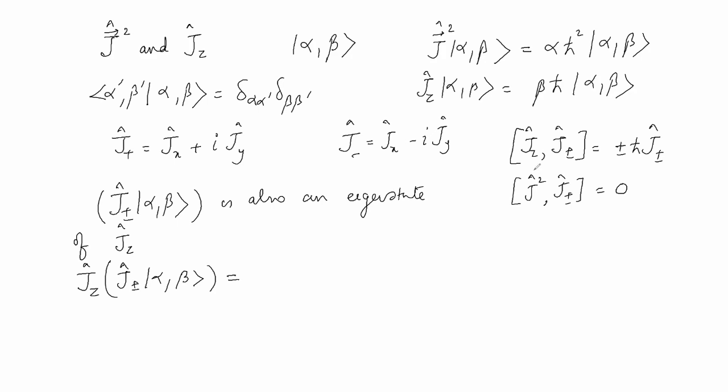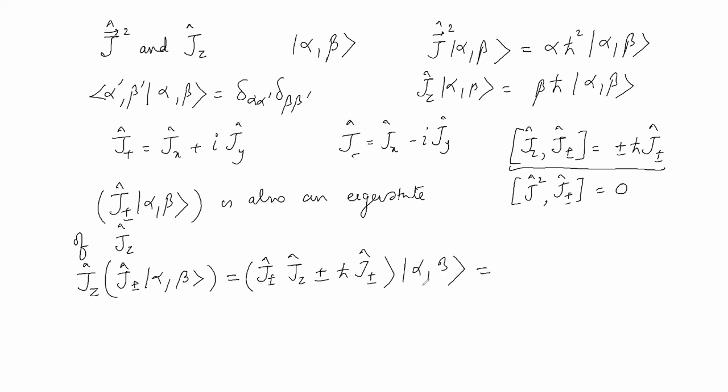Using the commutation relation, we can write this as J plus minus Jz plus minus h cross J plus minus acting on alpha beta.